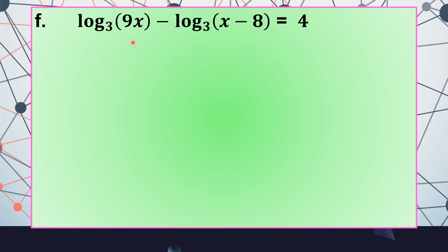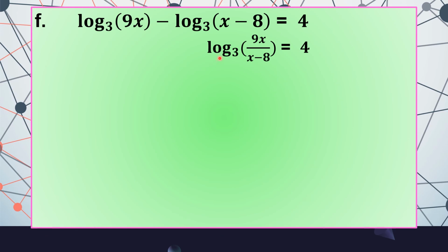So let's rewrite now logarithm of 9x with base 3 minus logarithm of x minus 8 with base 3 equals 4 into a single logarithm. Since it is subtraction, we use the quotient law. Divide 9x and x minus 8 and use a single log.